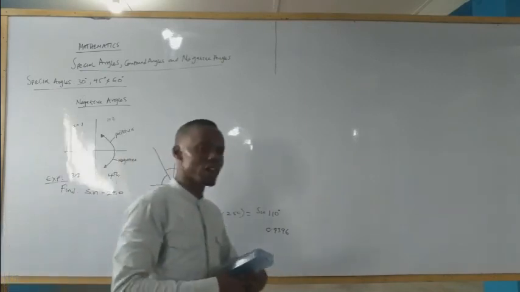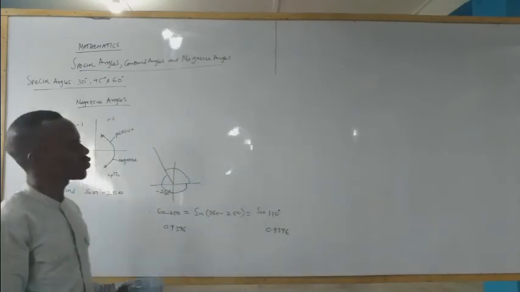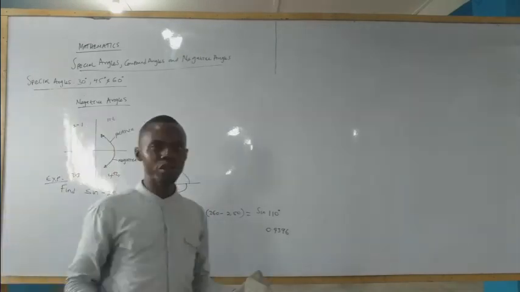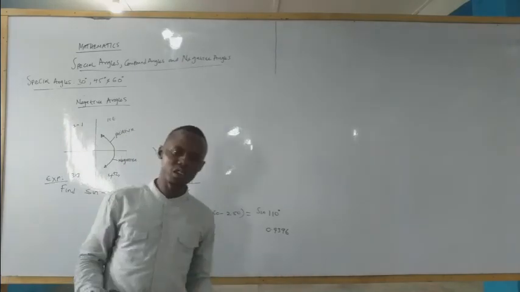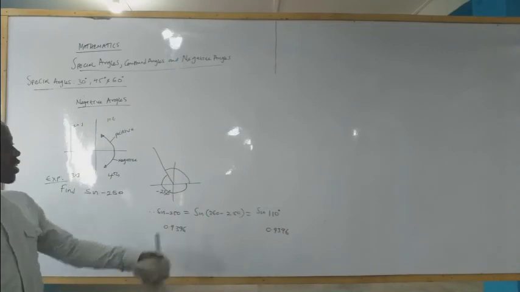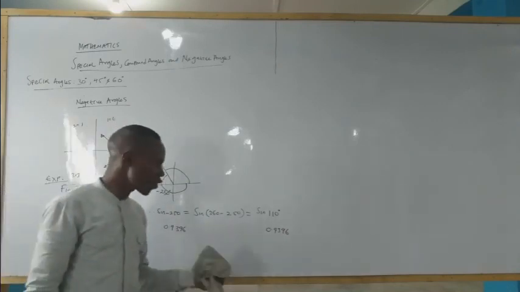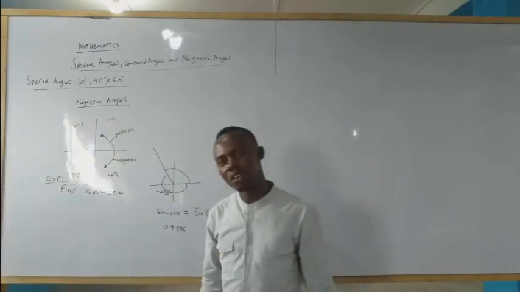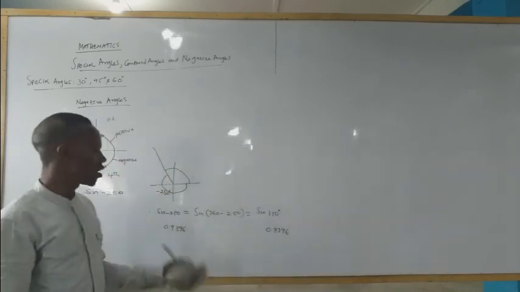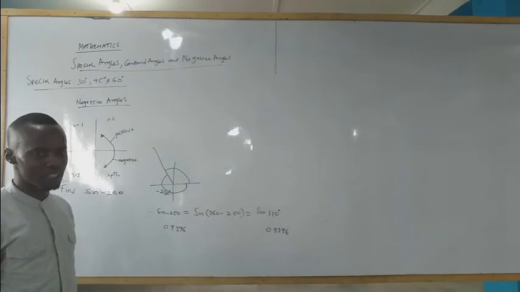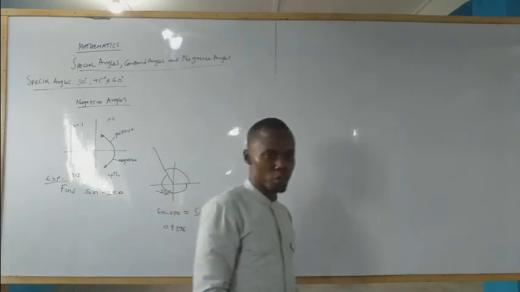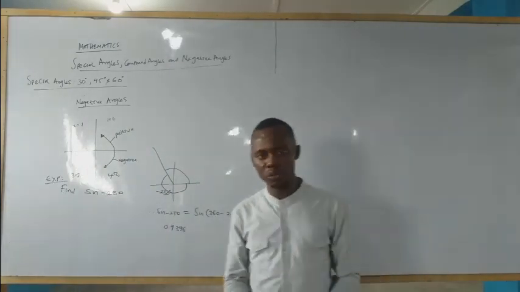So basically, when you are given a negative angle and you have to find the sine or the trig of a negative angle, simply remove that angle from 360 degrees and find the angle. Whether you can use your special angles or your compound angles to solve it or not, just remove the value from 360 degrees, get a complementary angle, and that angle will be the same thing as the negative angle.